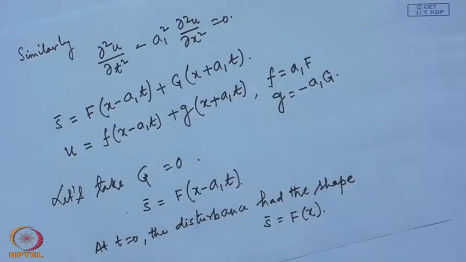That is the velocity of each point in the wave, and hence the wave is a 1.